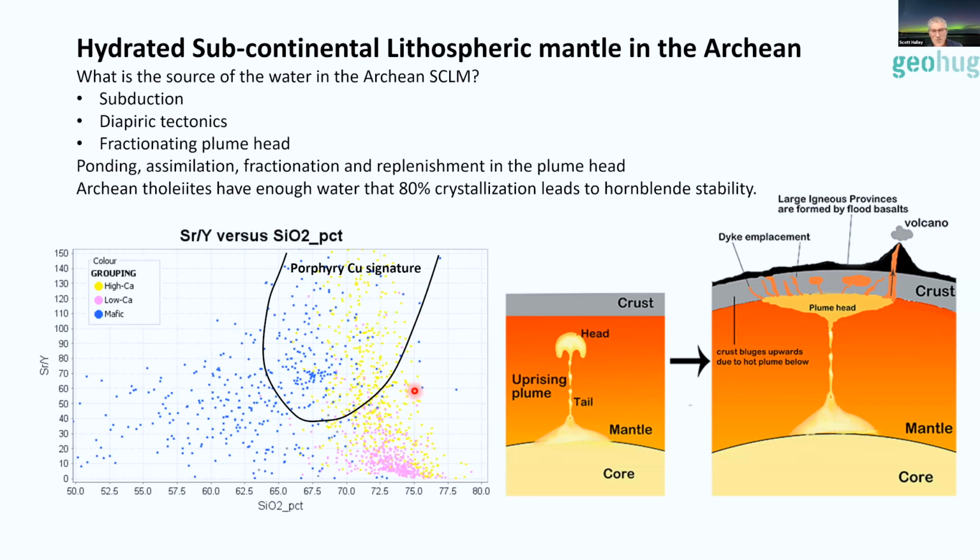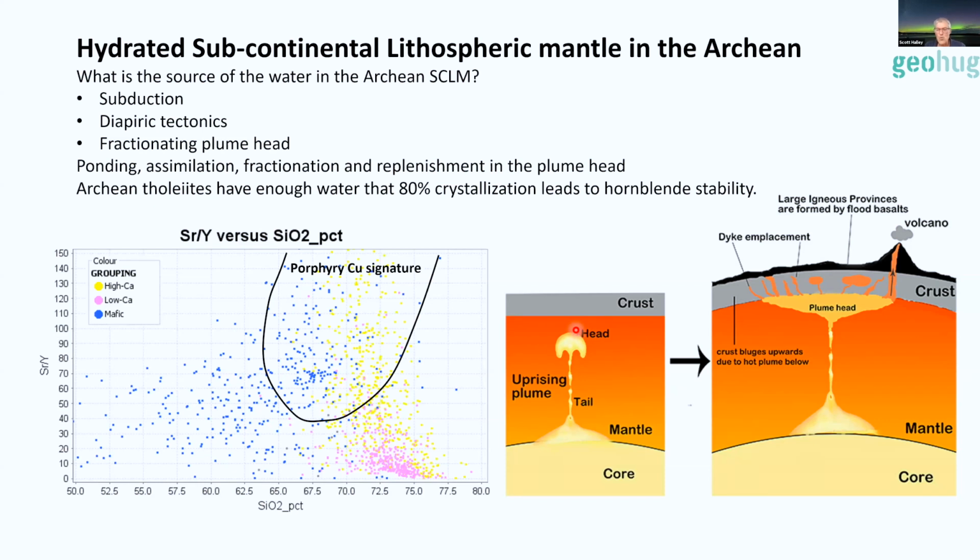Well, actually, that's not true. It doesn't prove that. What it says is that the subcontinental lithospheric mantle in the Archaean was hydrated. It doesn't mean that there was subduction. So think about other mechanisms where we might get water added to the base of the crust in the Archaean.